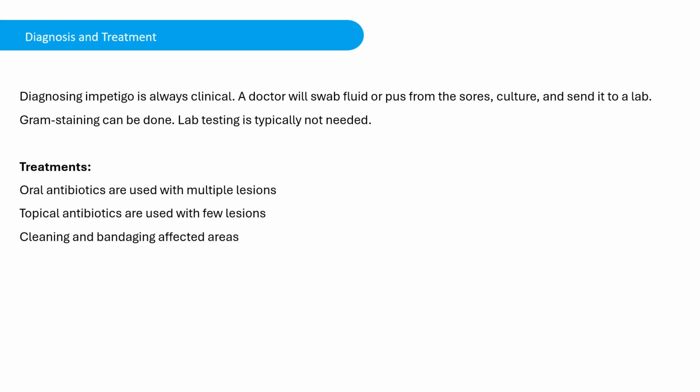Oral is used for the most severe, while topical is used for mild cases. And it's always recommended to clean and bandage any draining or leaking lesions. And the antibiotic treatment should treat both Staphylococcus aureus and Streptococcus pyogenes.